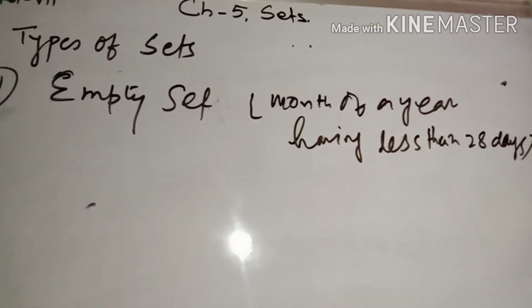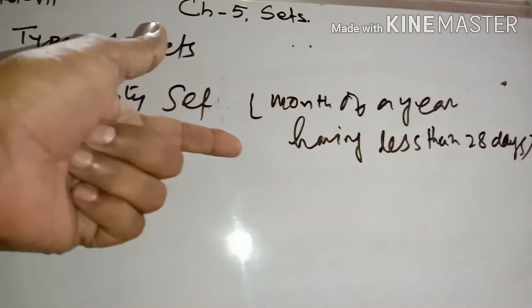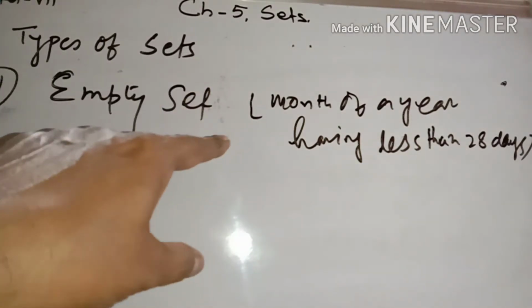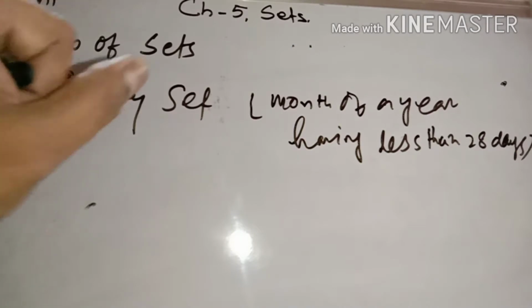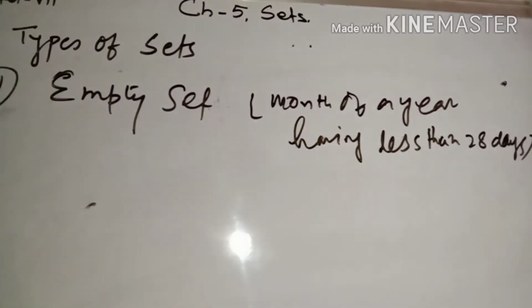Not a single month has less than 28 days. So this is an example of an empty set. Now universal set.